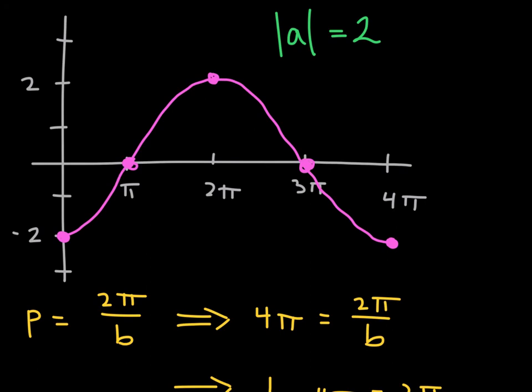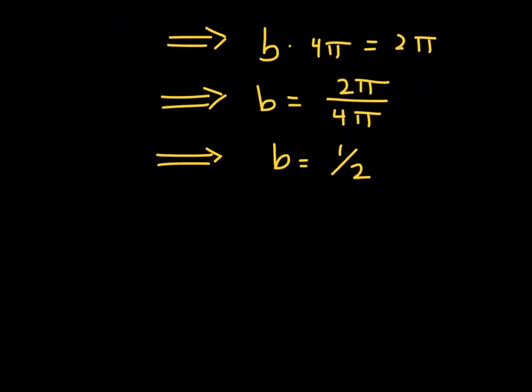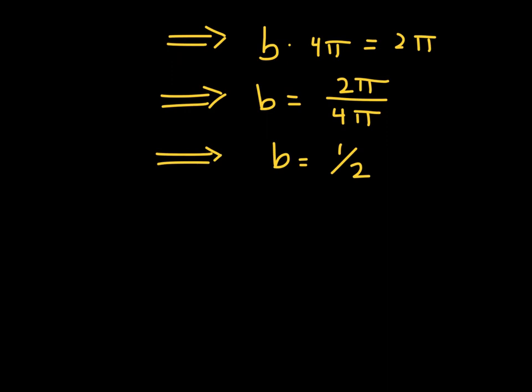So let me take what I know, this A value and my b value, and see if I can write this out for us. So how about y is equal to negative 2 cosine of one-half x?